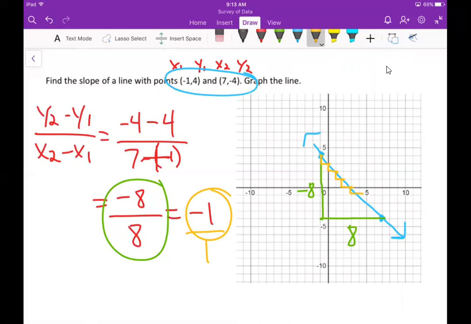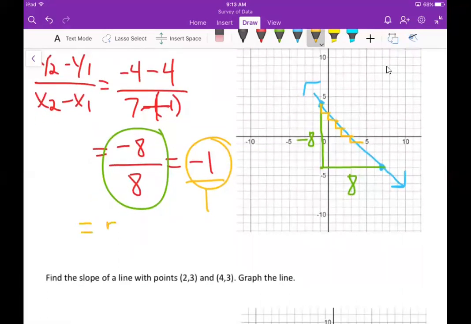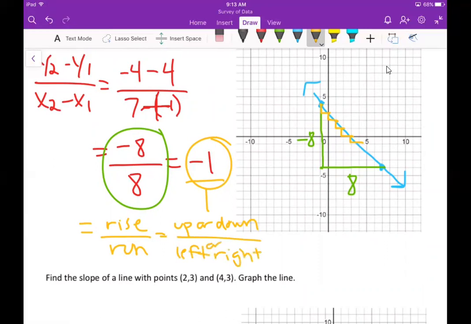Okay, so we can also think of slope as rise over run. We're going to change up or down based on the numerator number, and we're going to change left or right based on the denominator number because it's change in y over change in x.